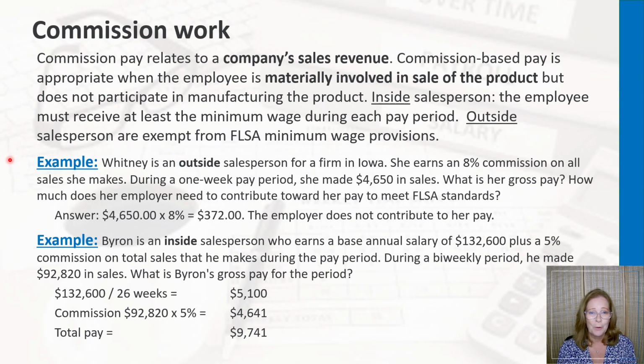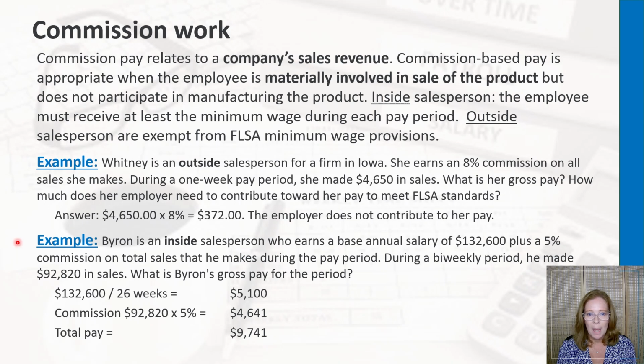So that answer is already no, because we learned for outside salespeople, the FLSA does not apply. So here the answer is no. Take the number of sales that the person made times 8%, and that's $372. Not that great of a sale week.